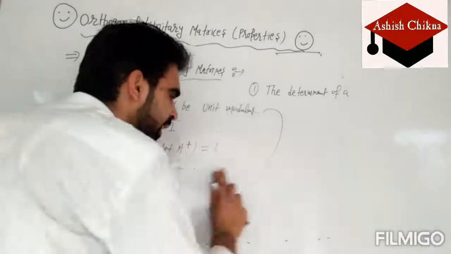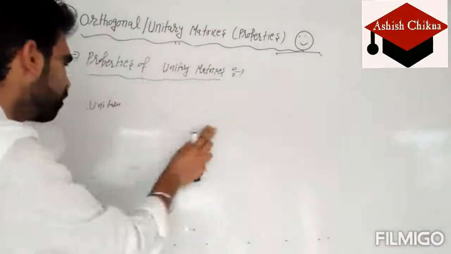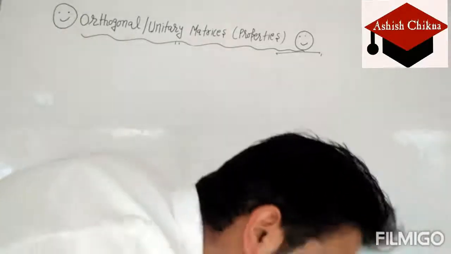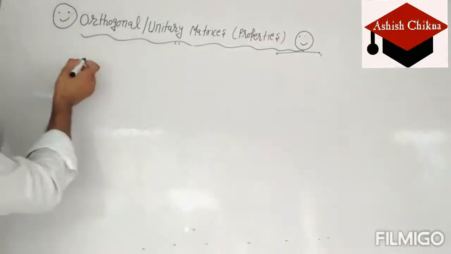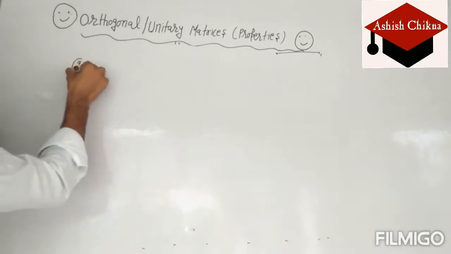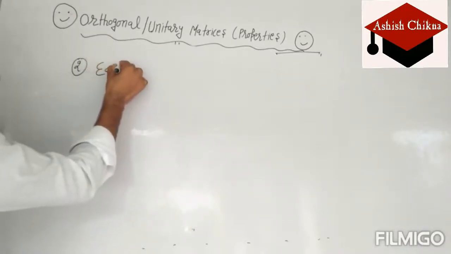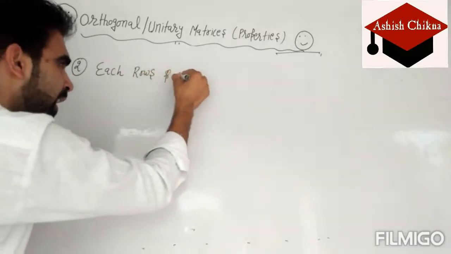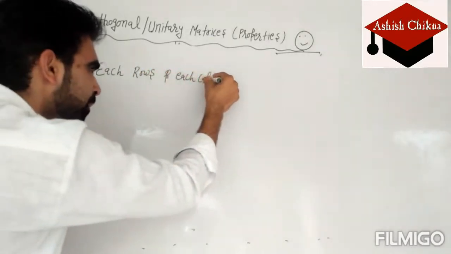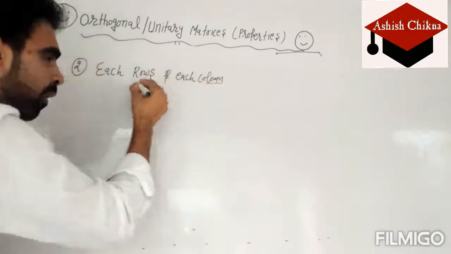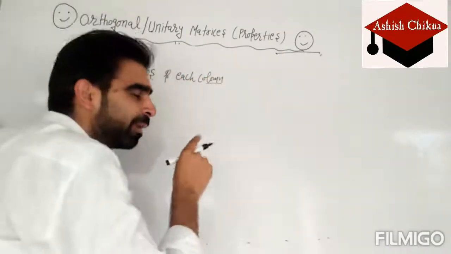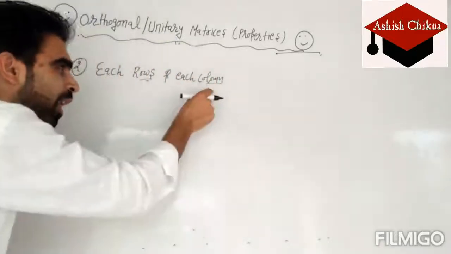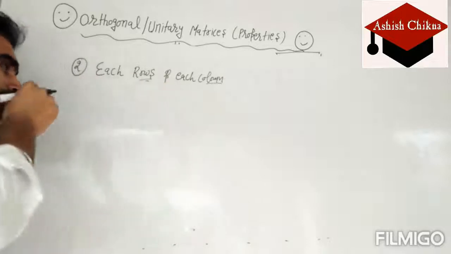Now the second property of a unitary matrix: each row and each column. A row has its elements written left to right, and a column runs top to bottom.